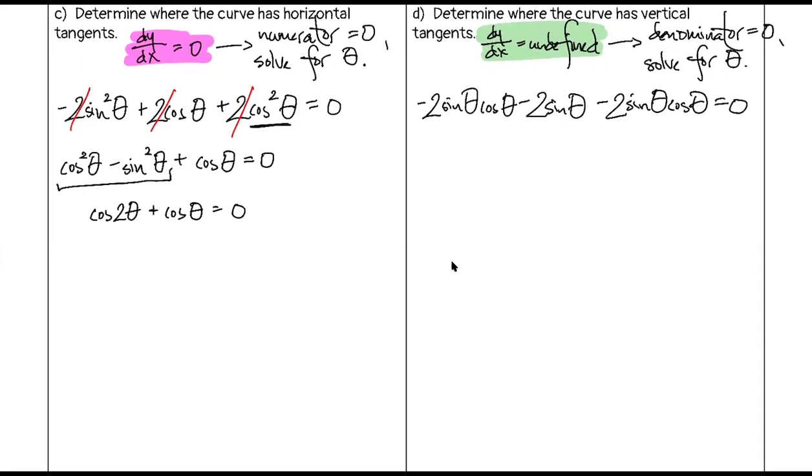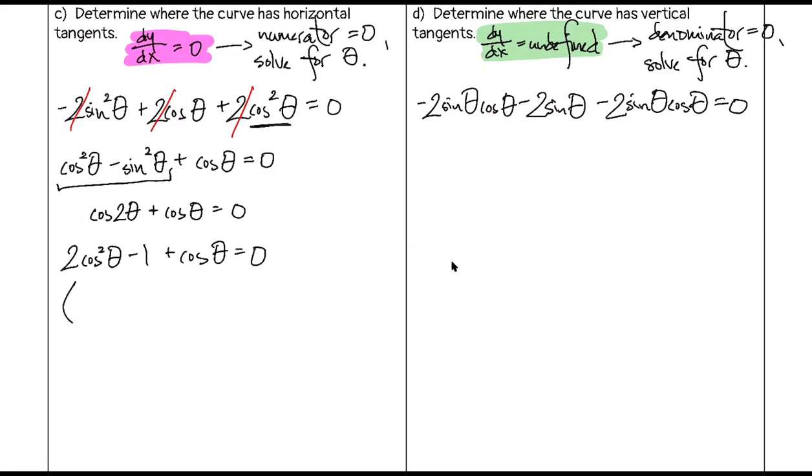Okay. And another way that you could write the cosine 2 theta, and you could have made this substitution right off the bat, is you can write it as 2 cosine squared theta minus 1 plus the cosine theta that you had there. And our rationale for turning everything into cosine and cosine squared is so that we can factor it, all right, and then be able to solve for theta.